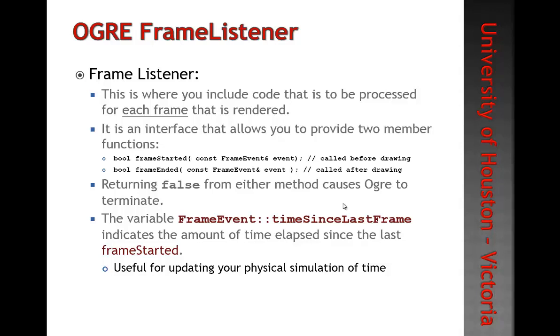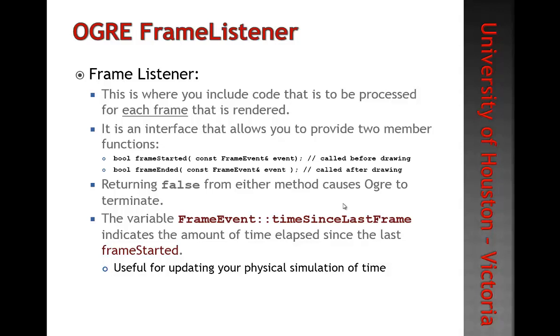One of the things that we can use from the frame event reference that is being passed into the frame started and the frame ended is the time since last frame, for example, to indicate the amount of time that has elapsed since the last frame started. And this is going to be useful, especially when you want to create time-based rather than frame-based functionality.